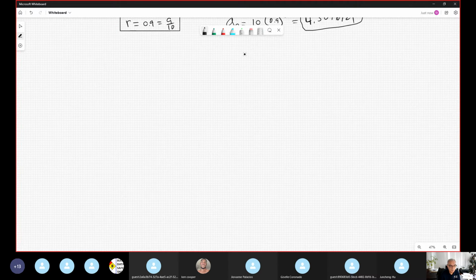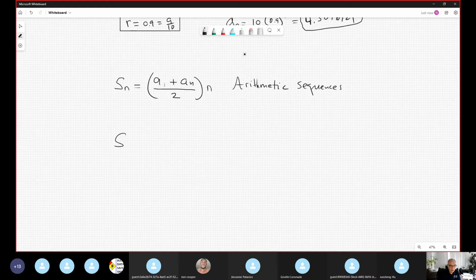S sub m, exactly S sub m that we studied in arithmetic. Remember, it is A1 plus Am divided by 2, multiplied by m, is the summation in arithmetic sequence. And what is the formula in the geometric?